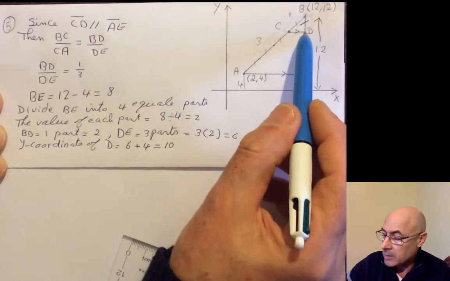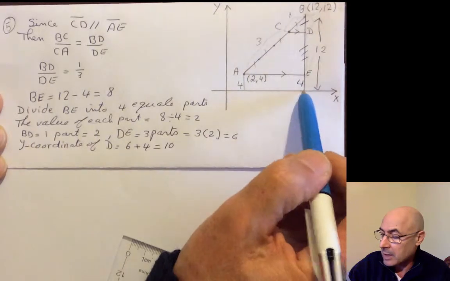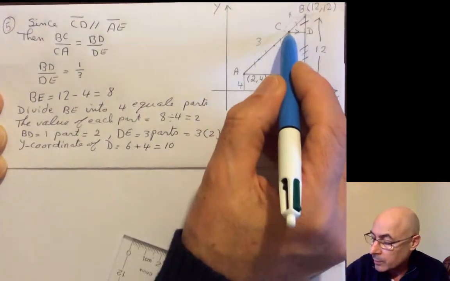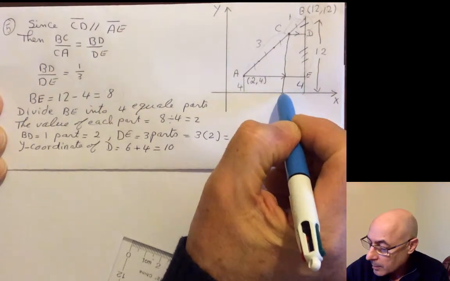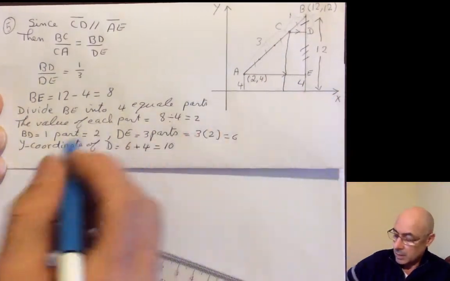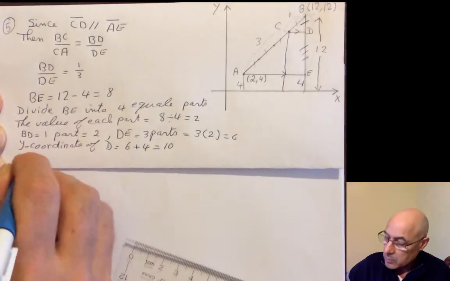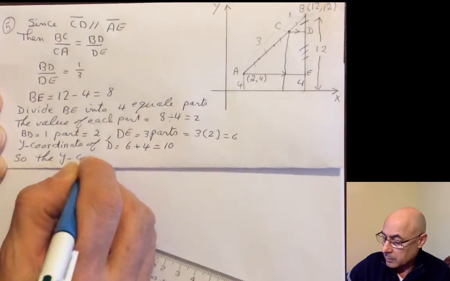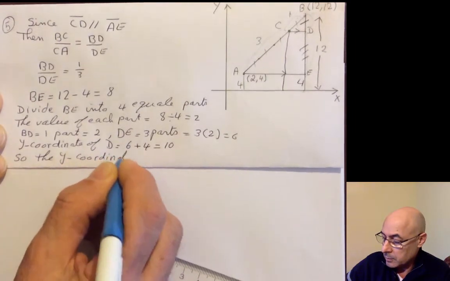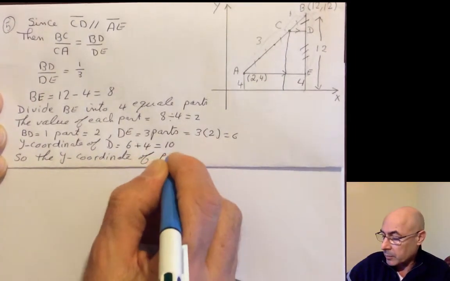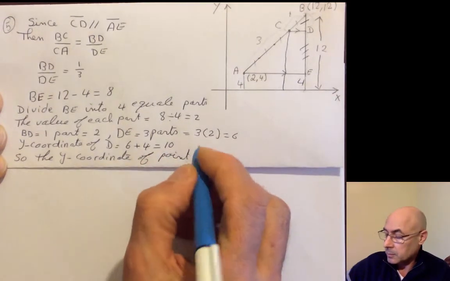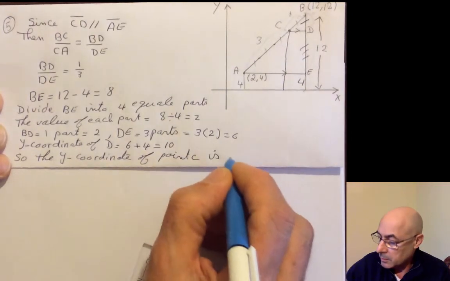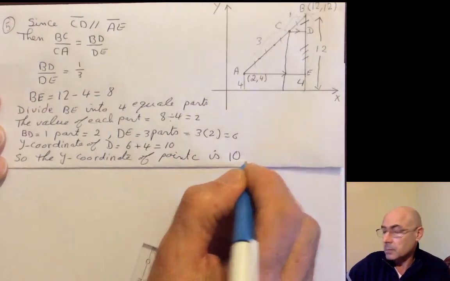So if this is 10 away from the x-axis, C, which is on the same horizontal line, is going to be also 10 away from the x-axis. So the y-coordinate of point C is 10. Okay, guys?